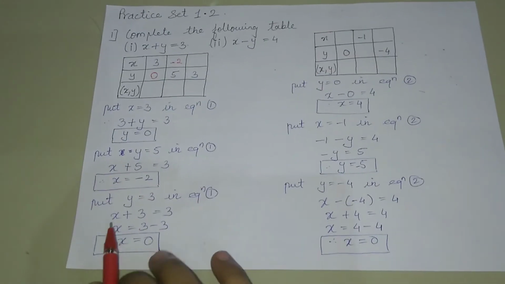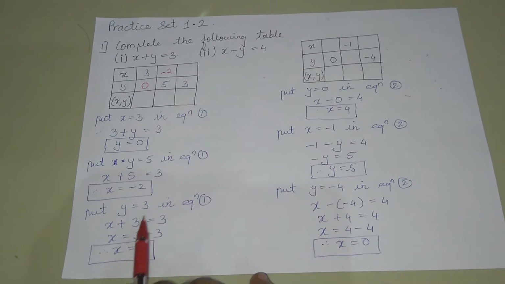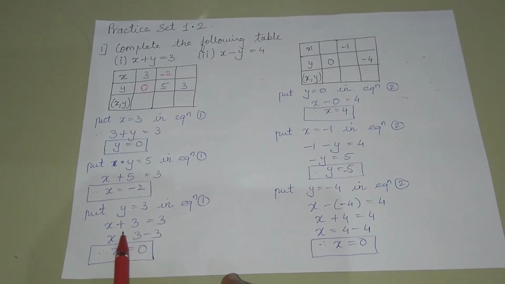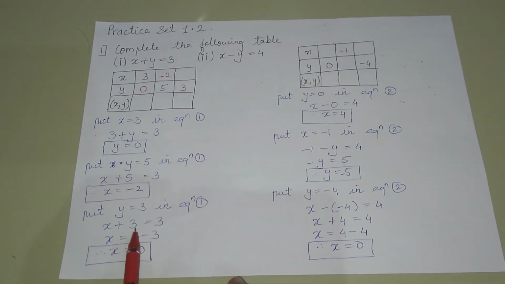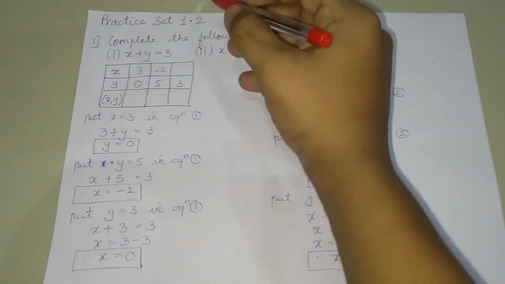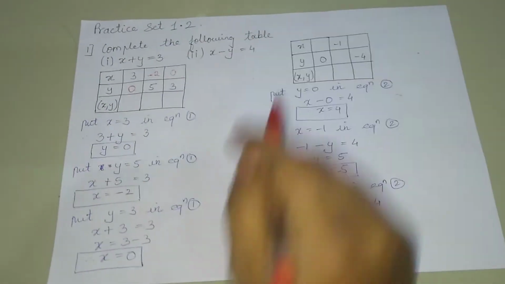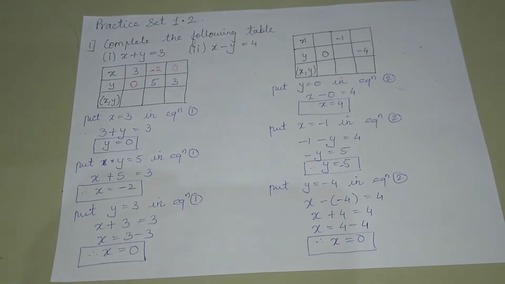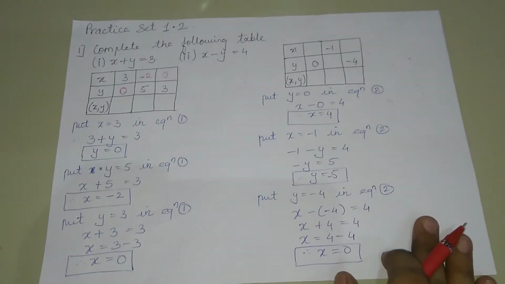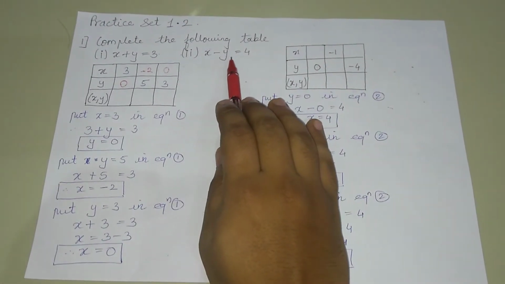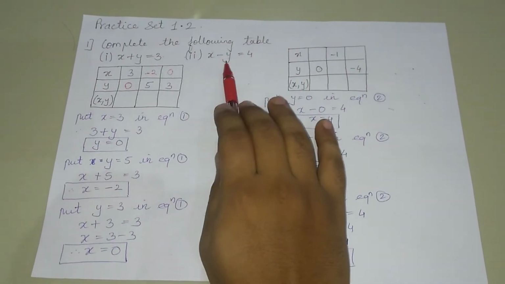Putting y equal to 3 in the equation x plus y equal to 3, x is equal to 3 minus 3, which is 0. So we got the value of x as 0.